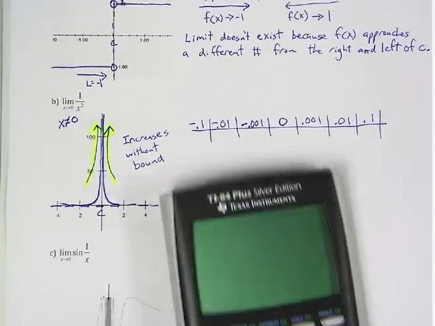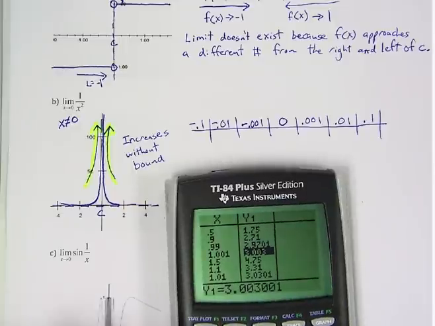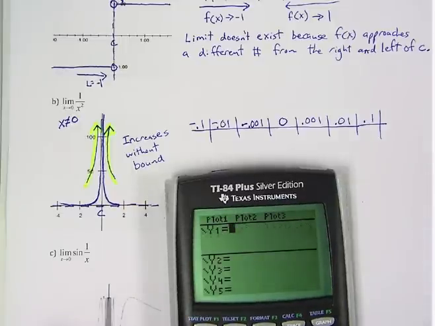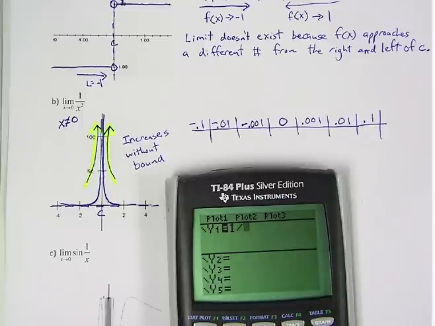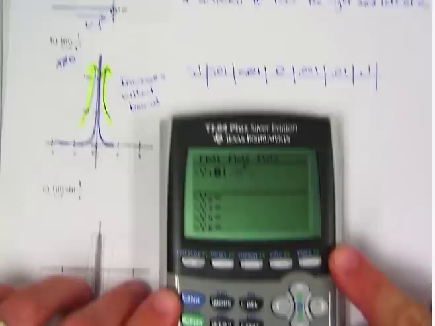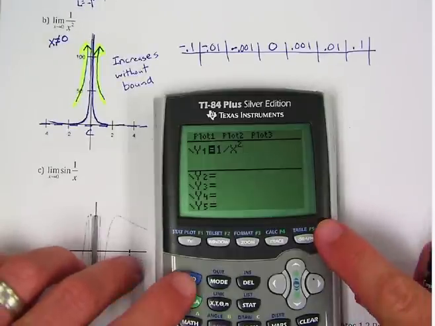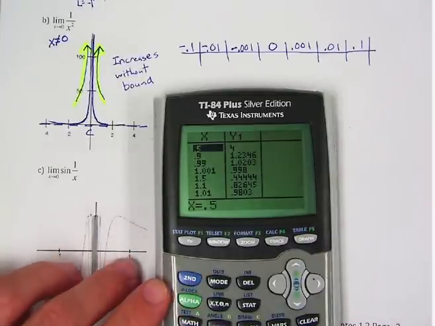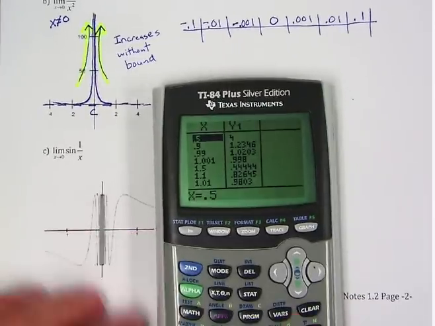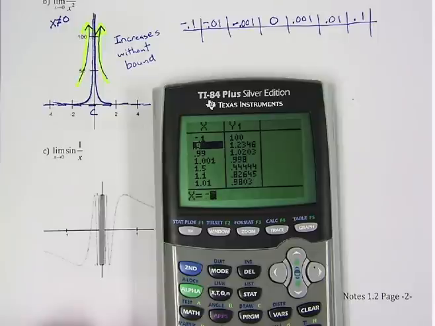And again, we can use our table of values if we're not good with using these numbers here. So 1 divided by x squared. And then again, I'm going to push second table. Type in negative 0.1, negative 0.01, negative 0.001.